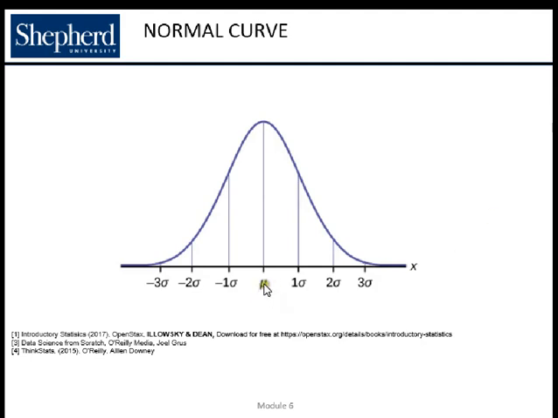So mu indicates the mean and sigma indicates the standard deviation. 95% of values in a normal distribution are within 2 standard deviations of the mean, from here to here. And then finally, 99% of the values of a normal distribution are within 3 standard deviations of the mean. So from minus 3 standard deviations to plus 3 standard deviations.